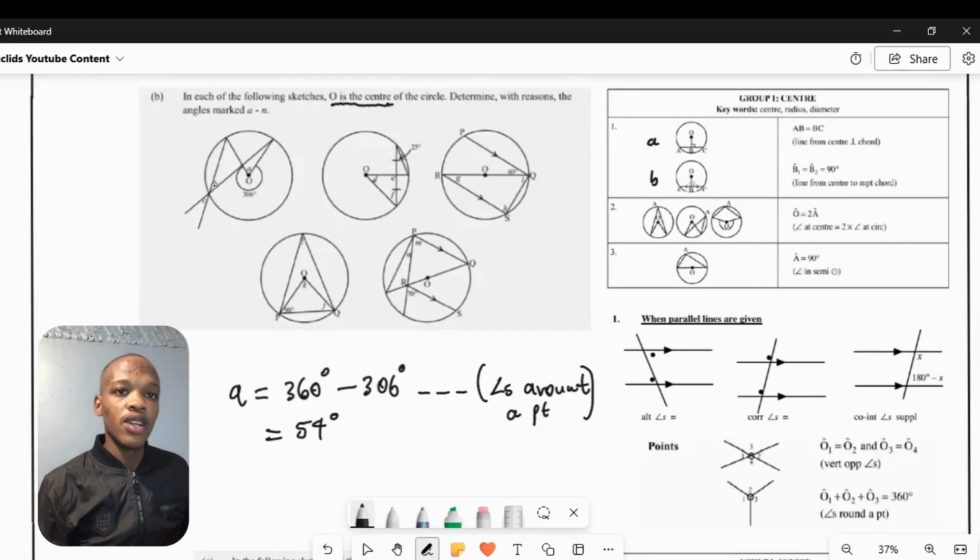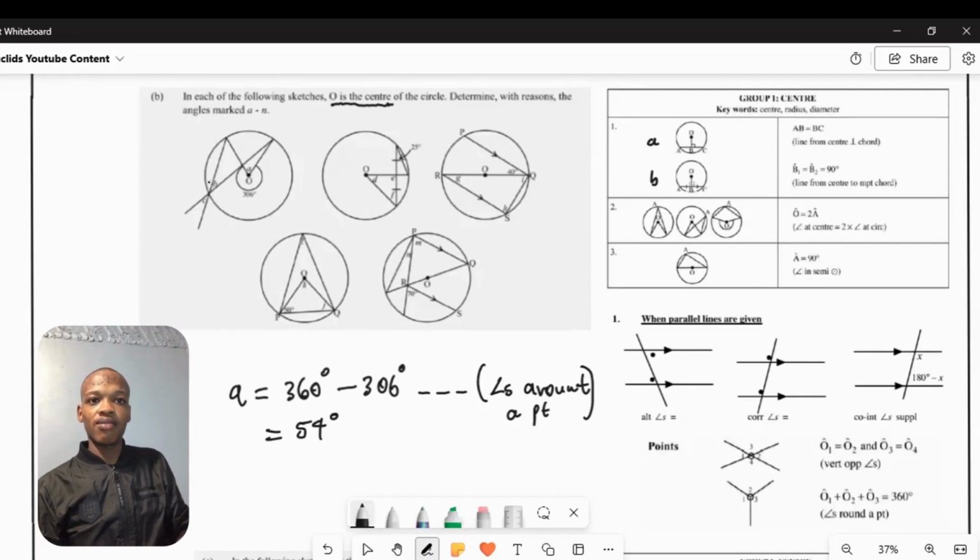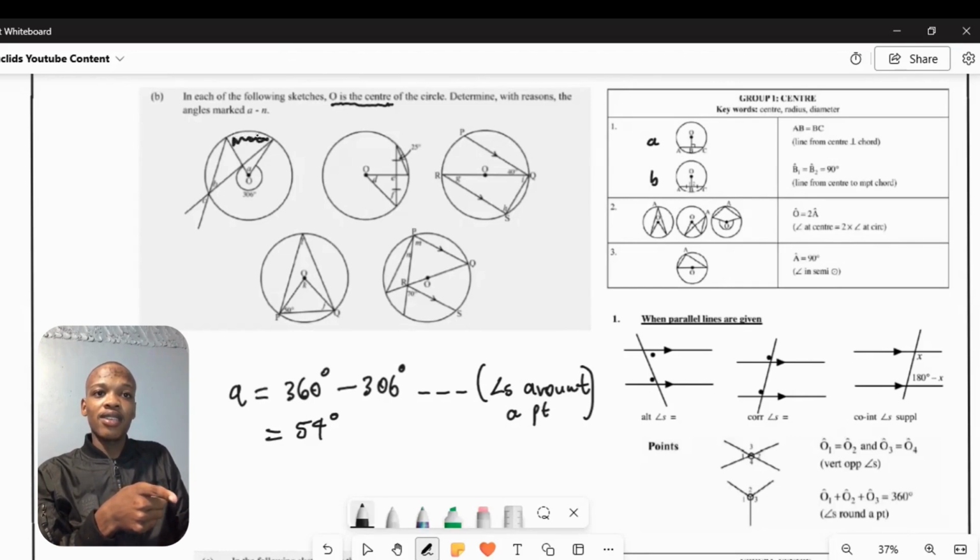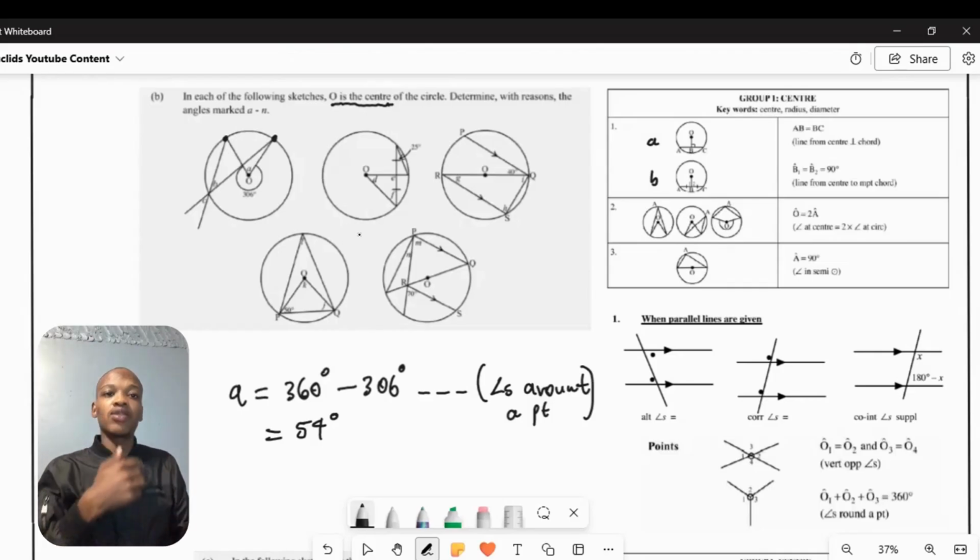Let's move on. B. What is B? B is at the circumference, and it's subtending the same arc. This is the arc, subtending the same arc as angle A, and the lines that are forming these angles are drawn from the same points, which means we can conclude that we have angle at the center twice the angle at the circumference.